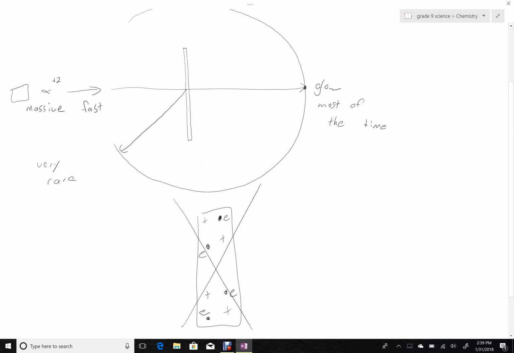Instead, there must be something incredibly massive in that piece of gold that the alpha particle hit and bounced back from. The way I think about this is, imagine that the person who was baking your chocolate chip muffin had a ring on, and that ring had a little diamond in it, and they weren't paying attention, and the diamond fell and landed in the batter.